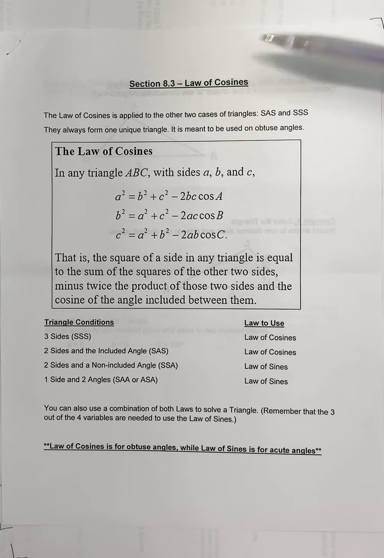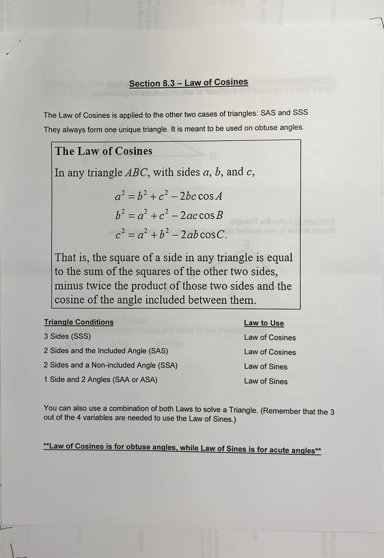But this is an interesting point, that the law of cosines is only meant to be used on obtuse triangles. If you remember your geometry, a right triangle has a right angle of 90 degrees. An acute angle is between 0 and 90, so a small little angle.